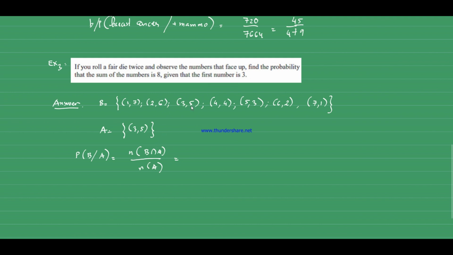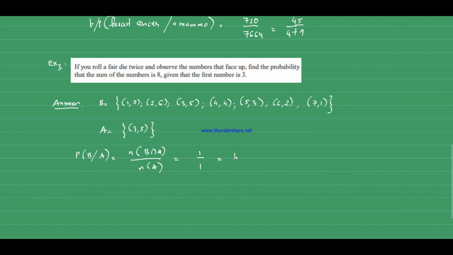We have only 1. And the cardinality of getting the first number 3 will be only 1. So the probability here will be 1.